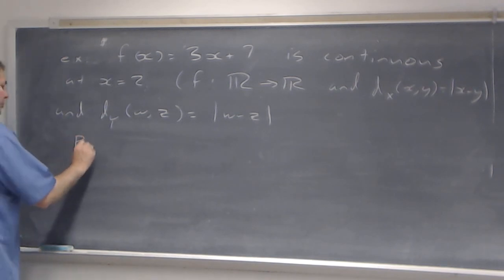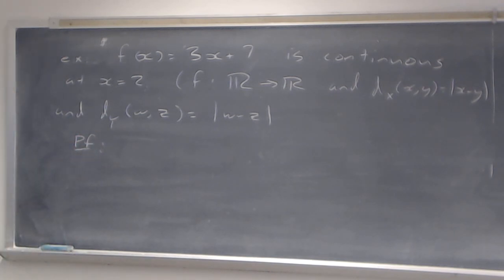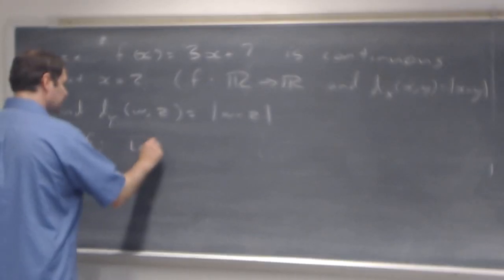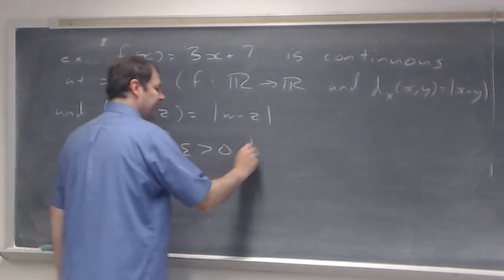And so here's the proof, and it works extremely similar to the proof we had earlier of the example of the limit of a function. So here we let epsilon greater than 0 be given.